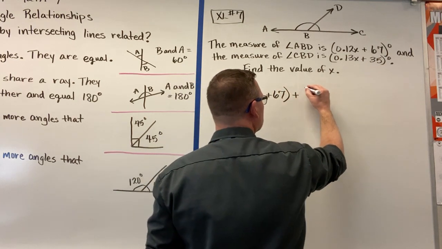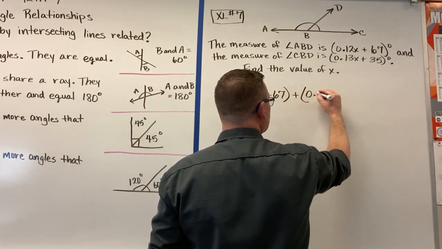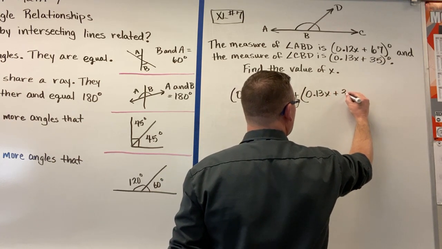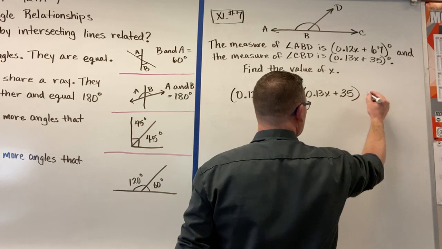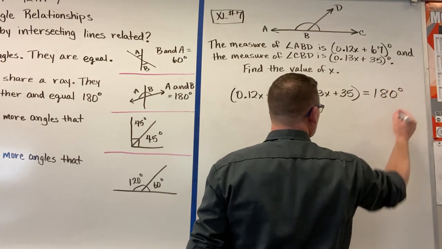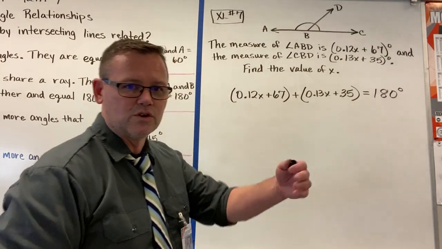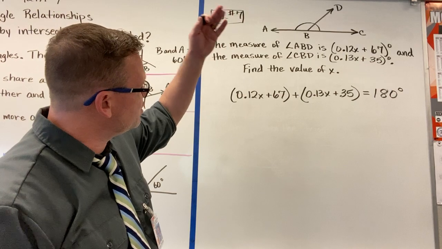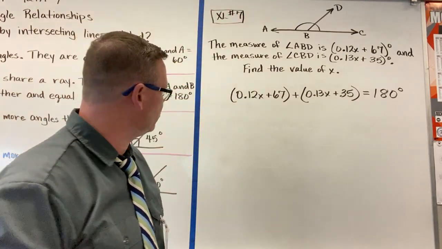Plus 0.13X plus 35 equals 180 degrees. This is what's going to help us solve this, knowing what supplementary means, okay? And being able to identify supplementary angles.